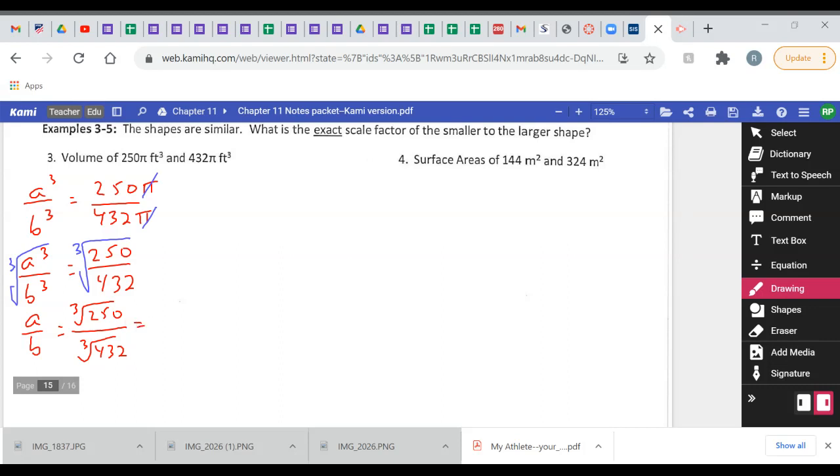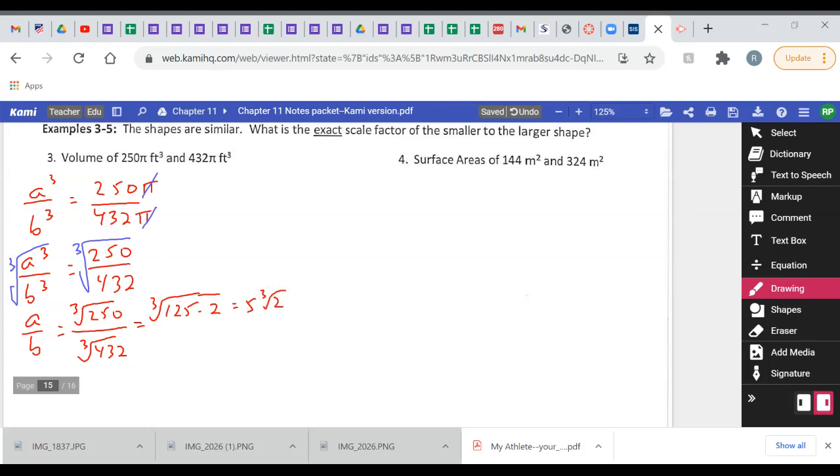I realize that 125 times 2 gives me 250, and the cube root of 125 is 5, because 5 times 5 times 5 is 125. So that reduces down to 5 cube root of 2.